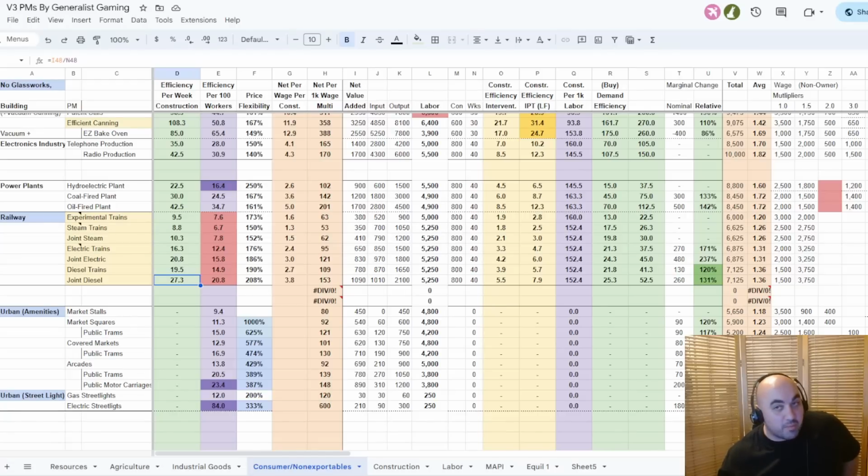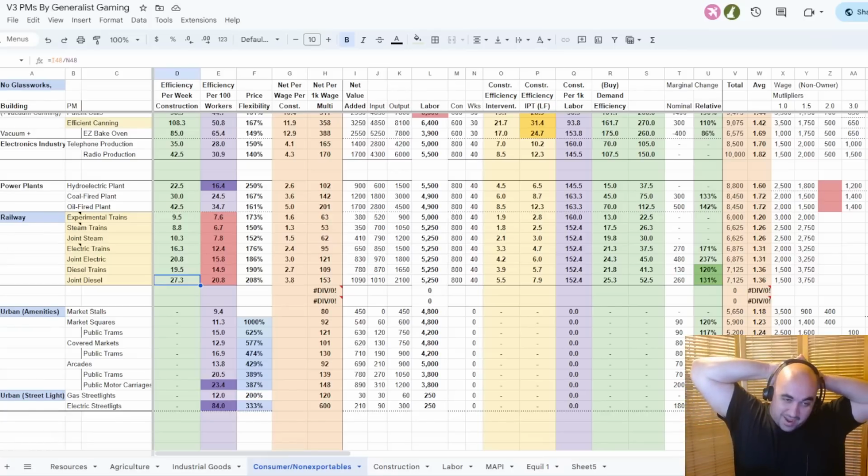They're also giving way more infrastructure. And so I thought that after looking at these PMs, I do think transportation is a little bit better than I thought it was before. But I still think it's probably not spectacular.